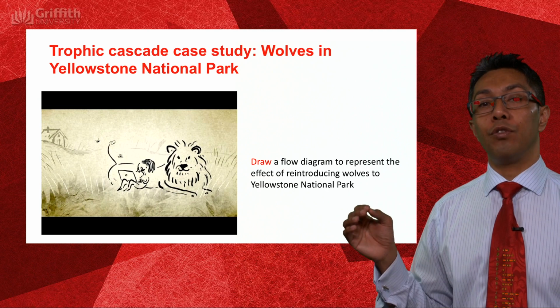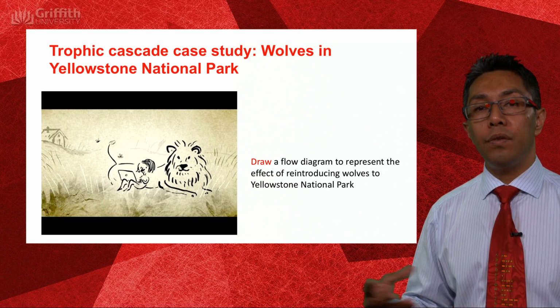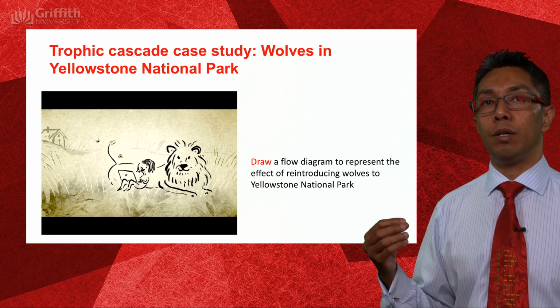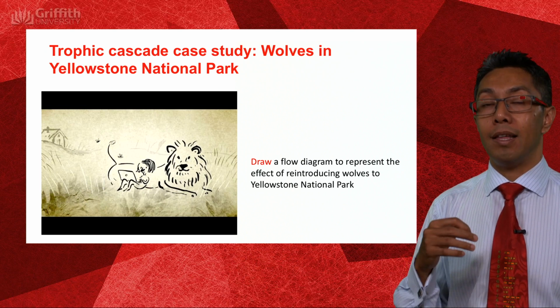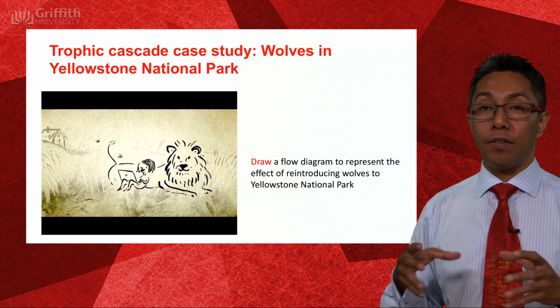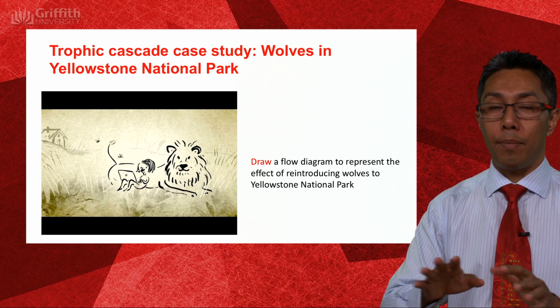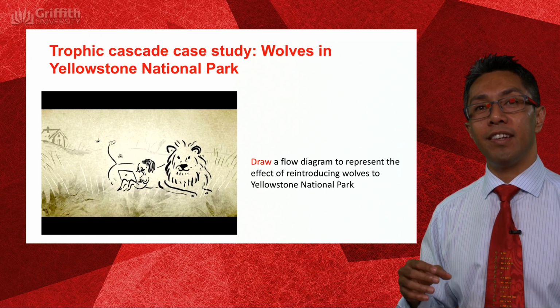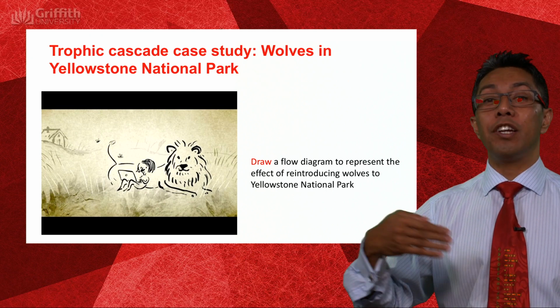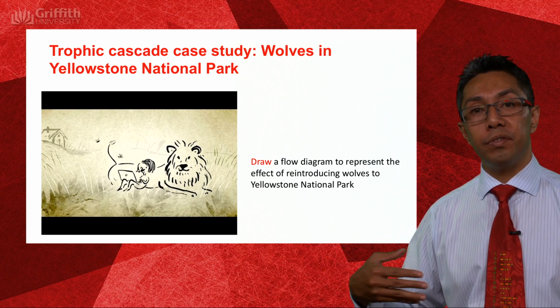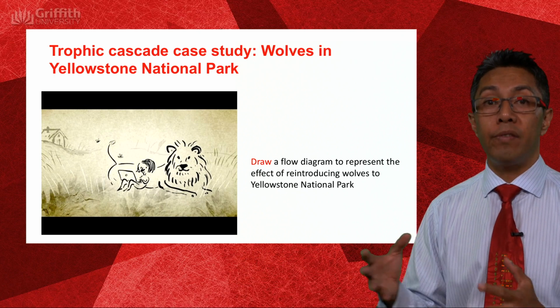What I want you to do is to flow diagram all of the effects of reintroducing wolves back into Yellowstone. And it's absolutely fascinating because, and this is a spoiler by the way, what they've found is that reintroduction of the wolves has actually changed the courses of rivers.